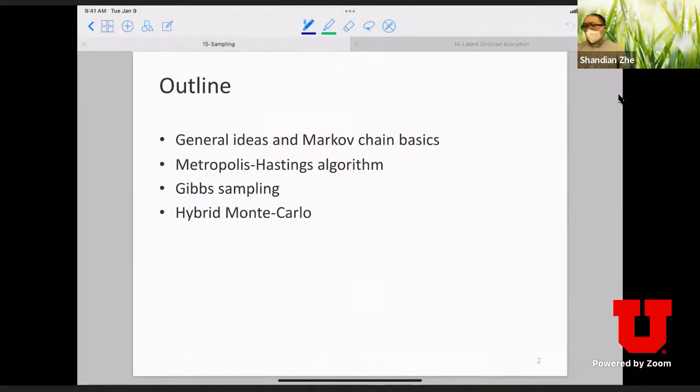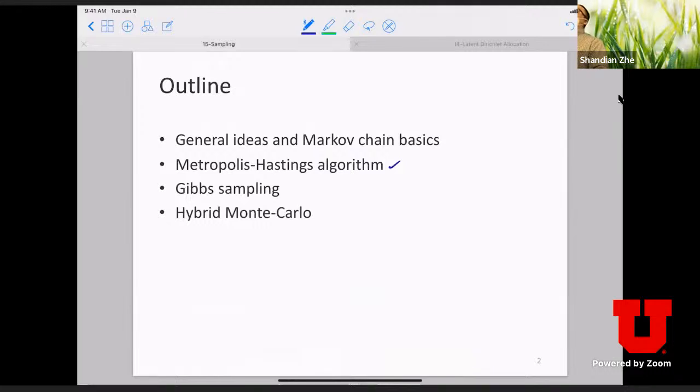We're going to first give a general idea of Markov chain Monte Carlo sampling. You'll see that it uses a totally different idea from variational inference to calculate the posterior distribution. And then we'll introduce a simple but very widely used MCMC algorithm called the Metropolis-Hastings algorithm.